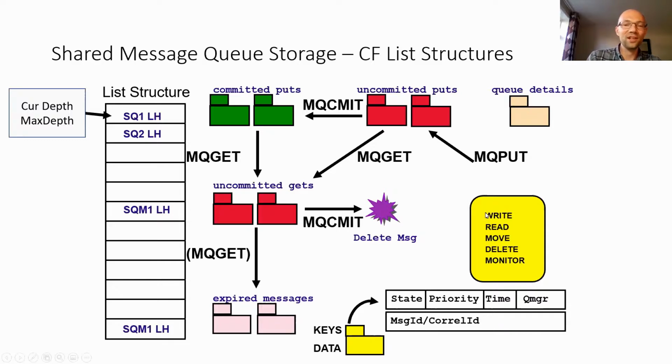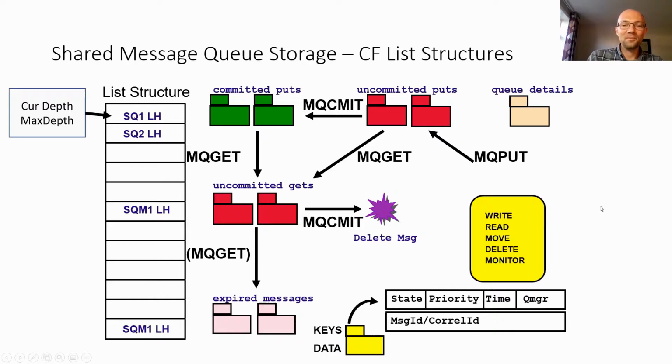So it has operations, some of them actually listed on this slide. There are a lot more than this, more complicated ones, but it lets us write entries in, which is essentially putting a message to a shared queue. It lets us read entries, which is browsing a message in a shared queue. Move them, which is doing a destructive get, so it's moving a message to the uncommitted get list, and so on and so forth.